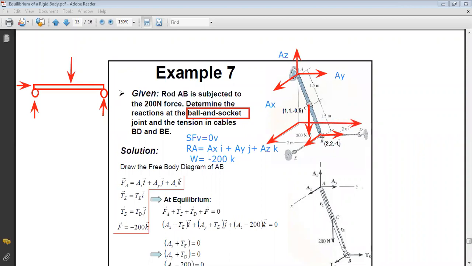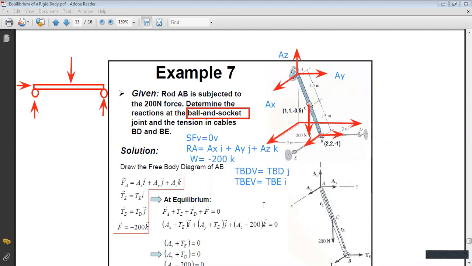I can just directly say that the force TBD vector is equal to the magnitude TBD times j, because it's along Y. And for my second force, TBE vector is equal to the magnitude of TBE times i.